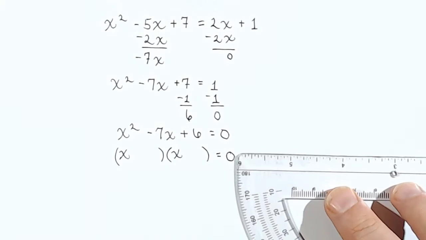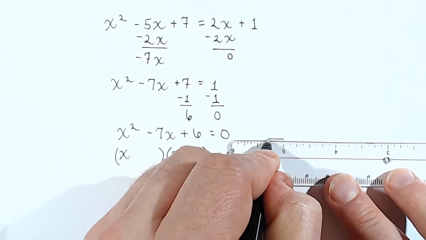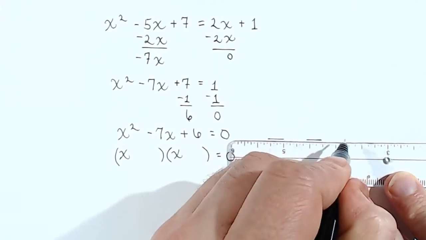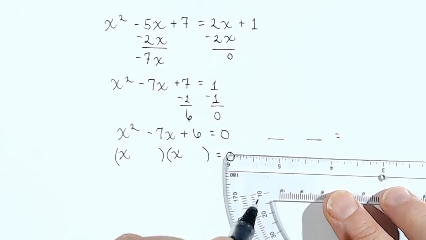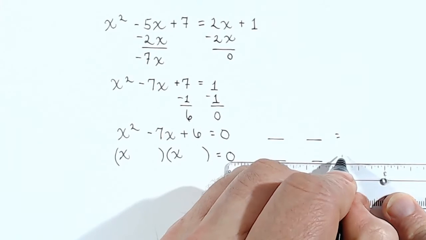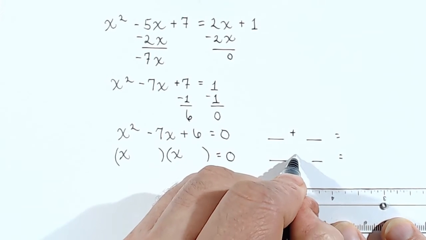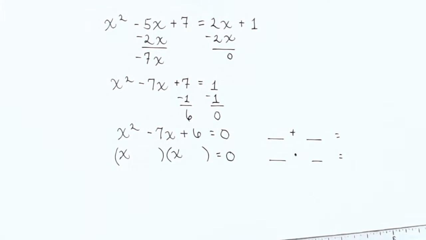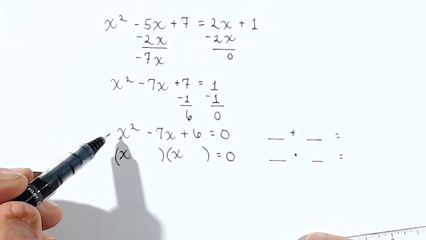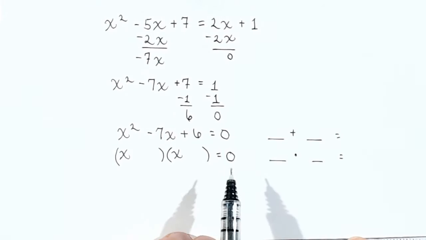And now we have to play a little mental game where we try to find two numbers that add to equal one term, and those same two numbers need to multiply to equal another term. So this little template is something that you should set up anytime you have a quadratic equation that has no leading coefficient. This is how you need to set this up.